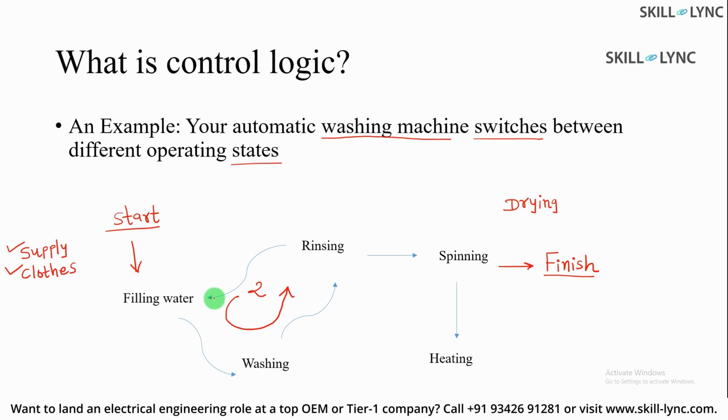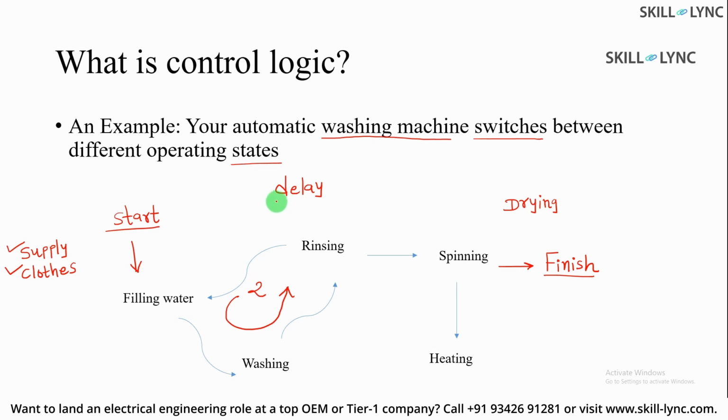All these states are followed one after another, and the decisions are made according to the conditions of washing. What do you think those conditions are? Yes, a washing machine operates on conditions based on time delays.